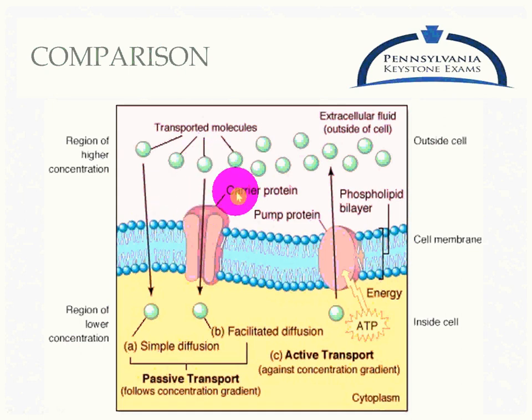So in this case, it needs the help of a carrier protein. And again, it's shape dependent. It has to match the shape of the protein, and then it will travel on through to the next side. Our active transport goes from low to high, and it requires energy in the form of ATP, and it has to also go through a transport protein.